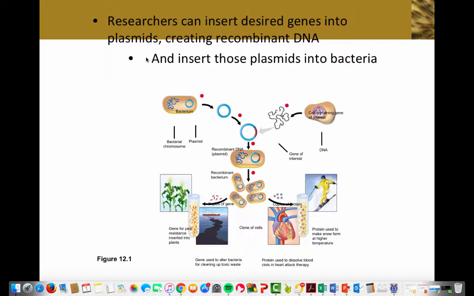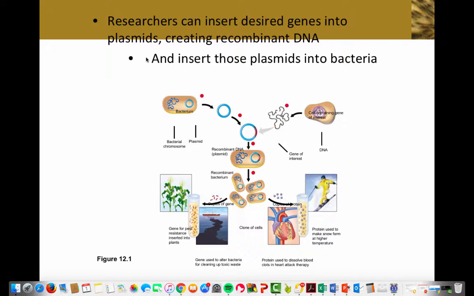Then this gene of interest and this plasmid together make what's called recombinant DNA. They put that inside a bacterium, and then that bacterium will divide, right, using binary fission. Once it's out here, it'll start making proteins.